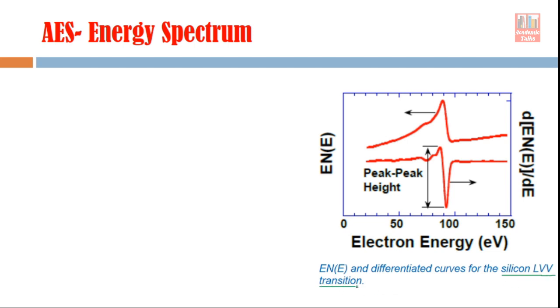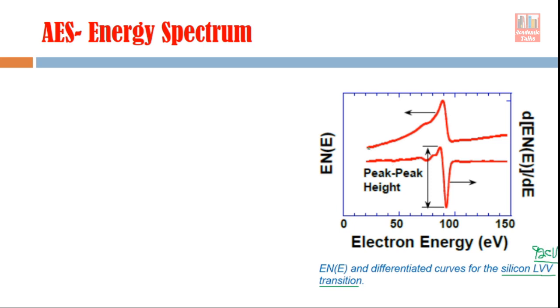So suppose we are characterizing a silicon material, or we are trying to identify silicon atoms present on the solid surface, and we know that in case of silicon the transition is the LVV transition, and this is 92 electron volt. This is the energy of the Auger electrons, right.